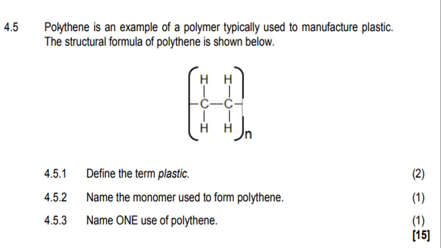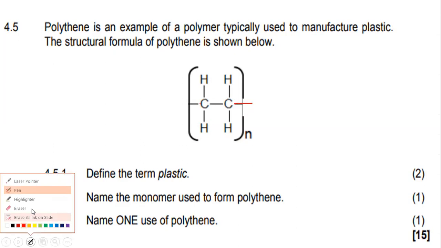Polyethylene is an example of a polymer typically used to manufacture plastic. The structural formula of polyethylene is shown below. So there we have polyethylene, right? Not so nice there because it must actually be like this one. In fact, let me do this.